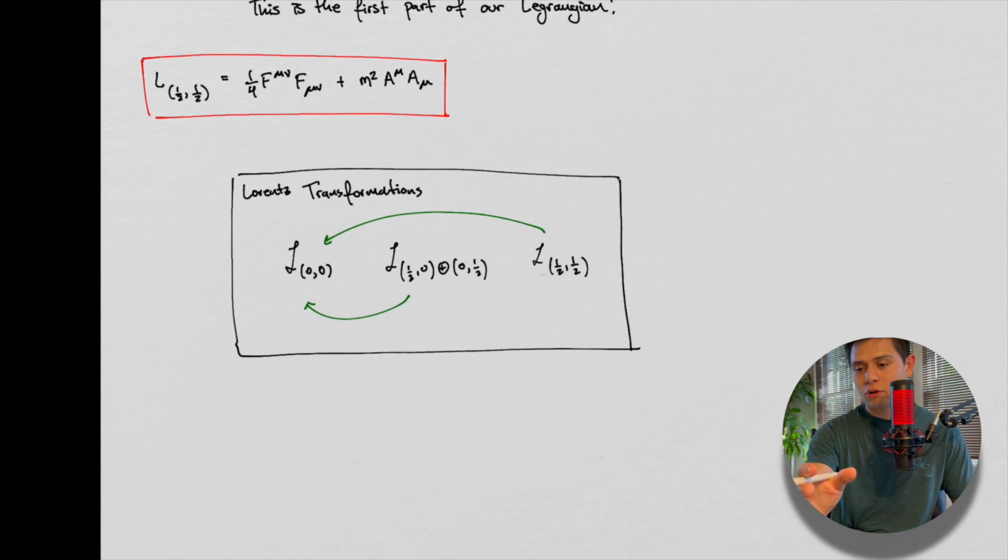But again, the whole point is that we want Lagrangians to be invariant, just like we want the metric to be invariant. And in making them invariant, we need to consider all types of transformations. We need to consider global transformations, those are transformations that don't depend on where you are in space.